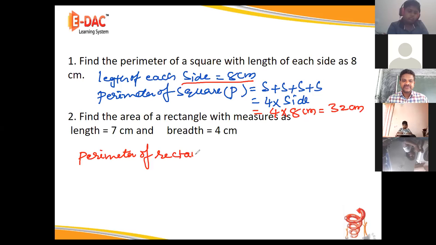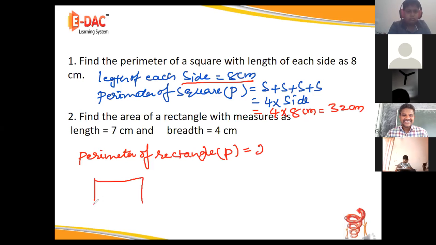P equals, I told you, how many lengths are there in the perimeter? In a rectangle there are 2 lengths and 2 breadths. Length, breadth and breadth.